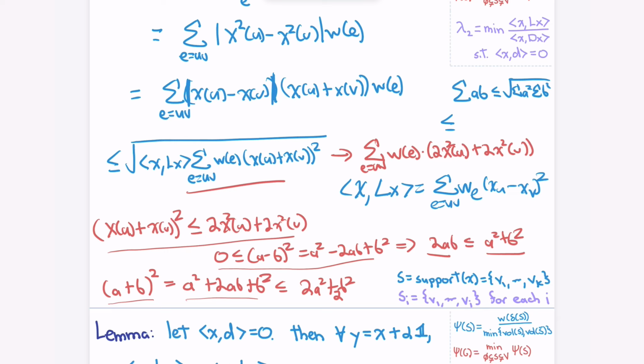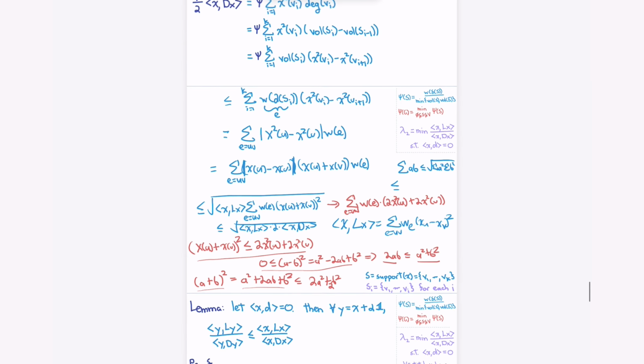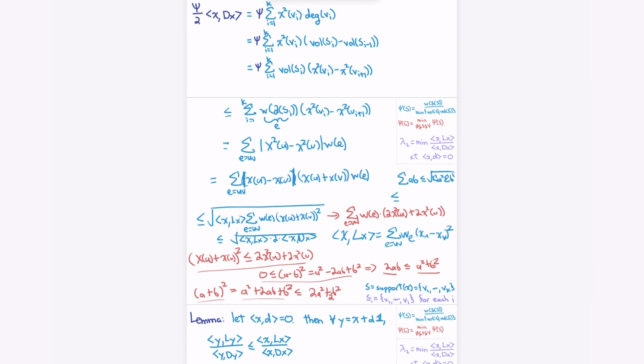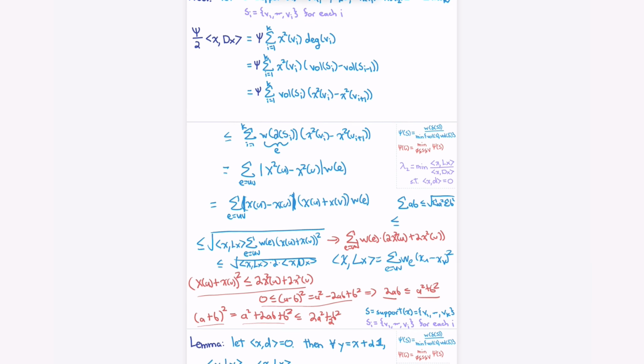Okay, so I'm running out of space. This is at most xlx times 2 times x dx. Okay? And then you rearrange and you get the thing you wanted.